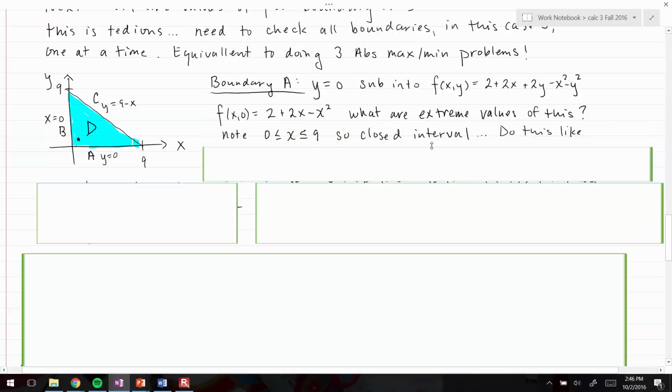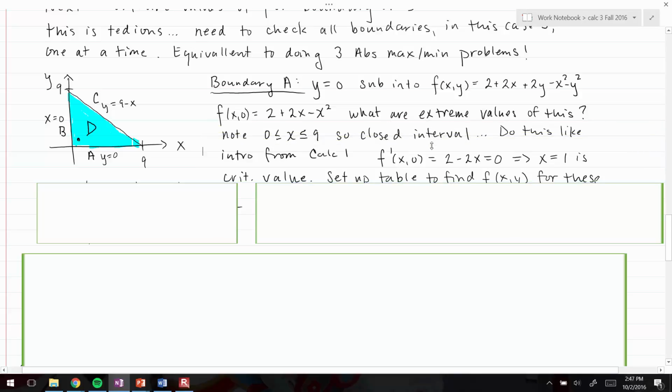This was like the introductory example. I'm going to find my critical values by taking the derivative, and I get 2 minus 2x and solve for x equals 1. So that's my critical value, but I also have the points x equals 0 and 9 to consider.